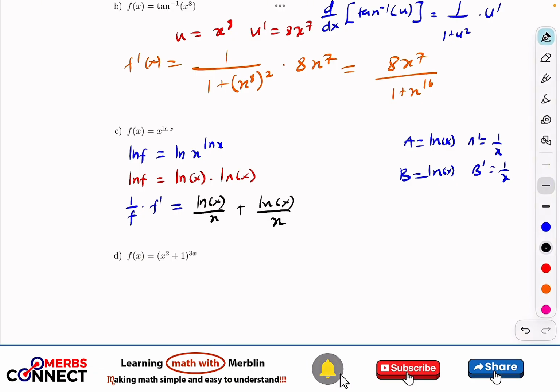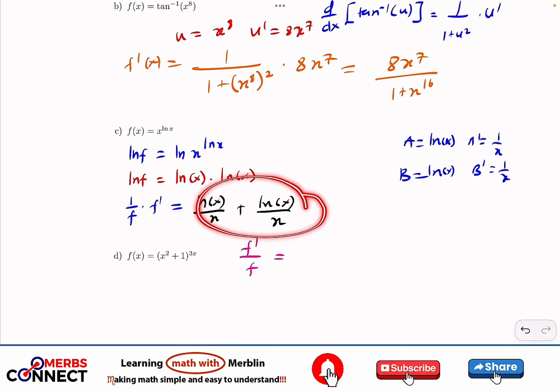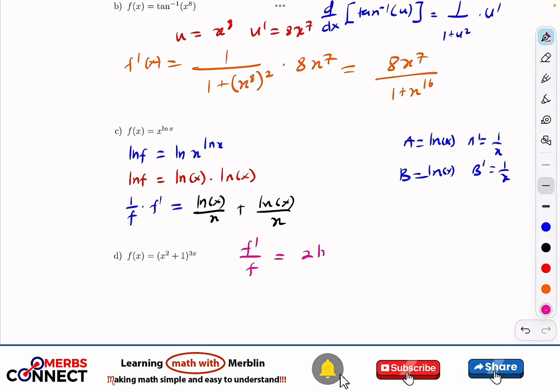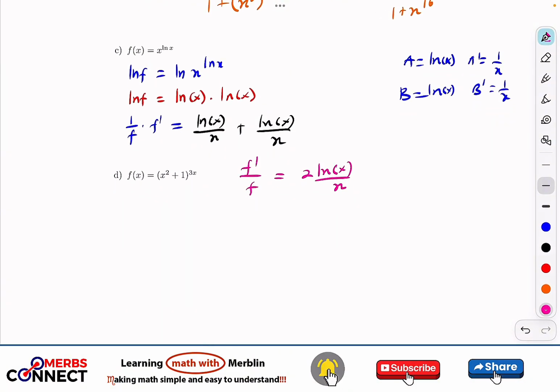So we are almost there, right? Now we have f prime over f, which is equal to, now this and this are the same, so I can combine them to have 2 ln of x divided by x. And then we are making f prime the subject because that's what we need. So f prime is 2 ln of x divided by x times f.